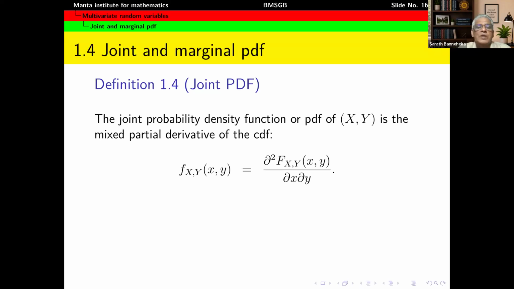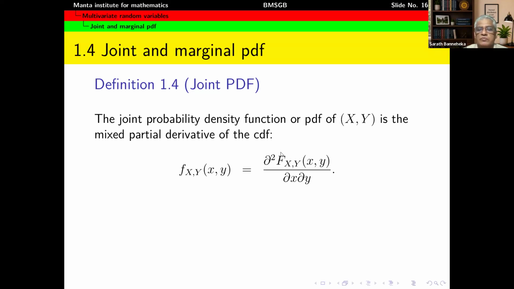Instead, we will have a joint probability density function denoted by f subscript XY, evaluated at a point (x, y) from the real numbers, and that is defined as the second mixed partial derivative of the joint cumulative distribution function, right?